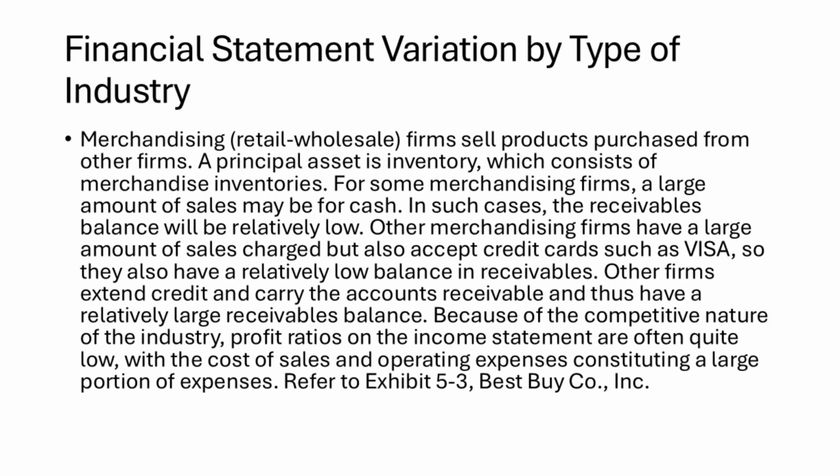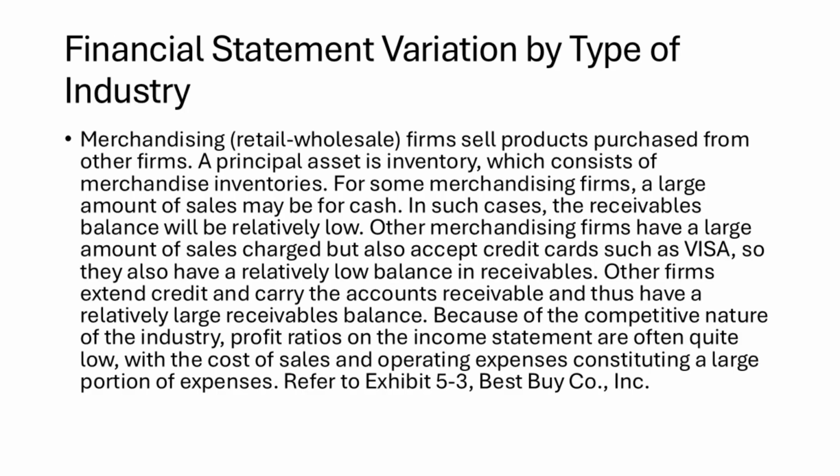Merchandising, retail and wholesale, firms sell products purchased from other firms. A principal asset is inventory, which consists of merchandise inventories. For some merchandising firms, a large amount of sales may be for cash. In such cases, the receivables balance will be relatively low. Other merchandising firms have a large amount of sales charged but also accept credit cards such as Visa, so they also have a relatively low balance in receivables.